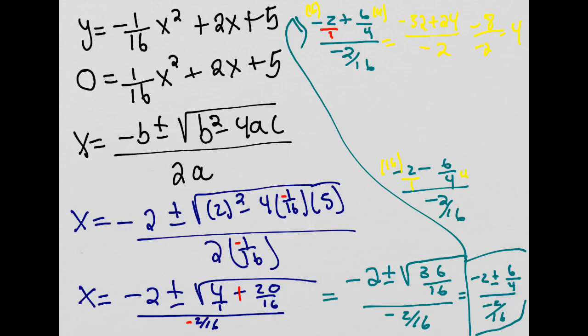Multiply by 16 here, multiply by 4 here. So then this is negative 32 minus 24 over negative 2. So negative 32 minus 24 gives me negative 56. Divided by 2 gives me a nice number too, negative 28.